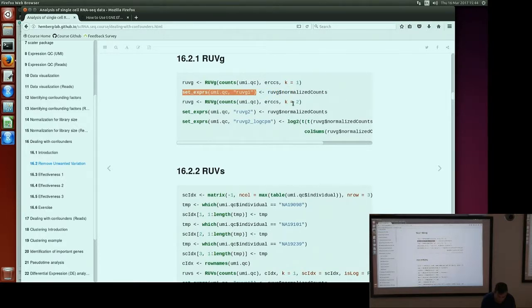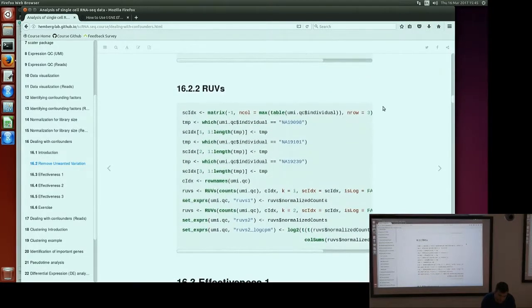We can run it again with a different K and look at them. Then we can also convert these normalized counts to log counts per million, which, as we've previously discussed, are generally preferable for doing things like PCA and that sort of thing.